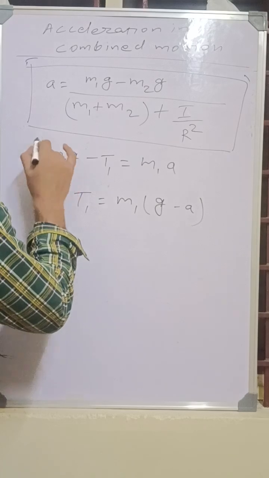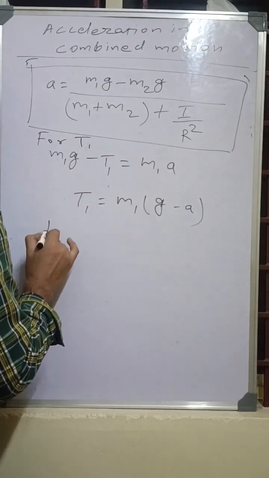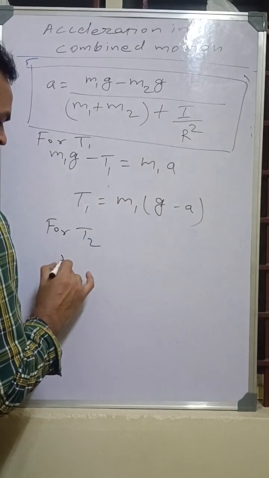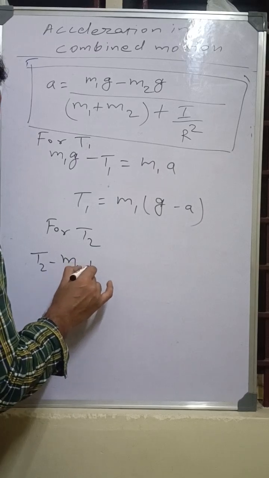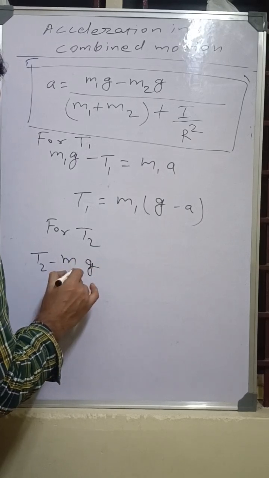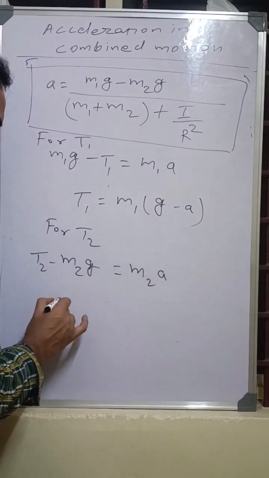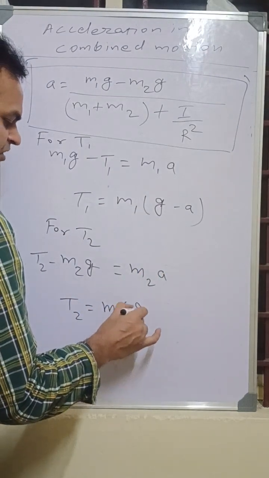And for T2, we can write T2 minus M2G equal to M2 into A. So for T2 we can write M2 into (G plus A).